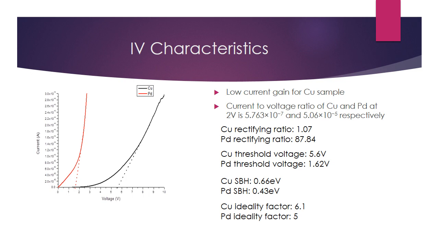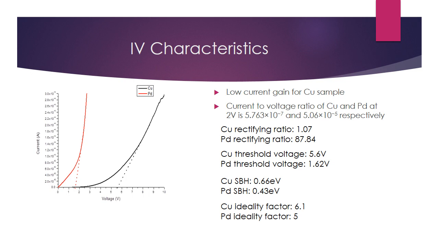Based on the graph and through some calculation, we can extract other parameters such as rectifying ratio, threshold voltage, Schottky barrier height, and ideality factor. The copper rectifying ratio is 1.07, while the palladium rectifying ratio is 87.84.